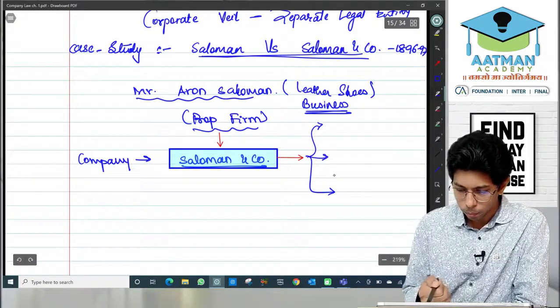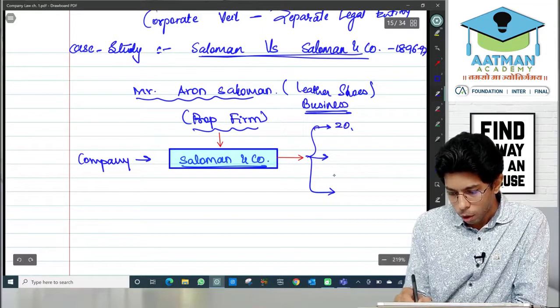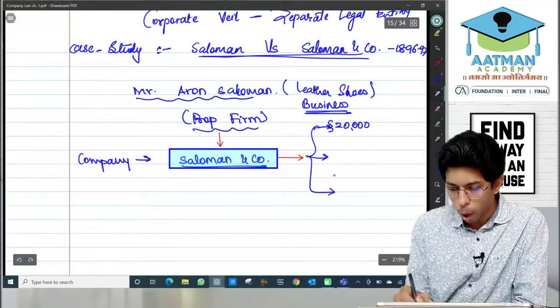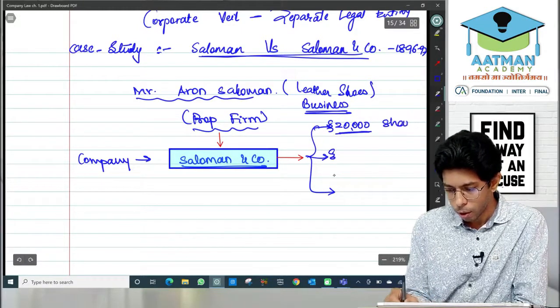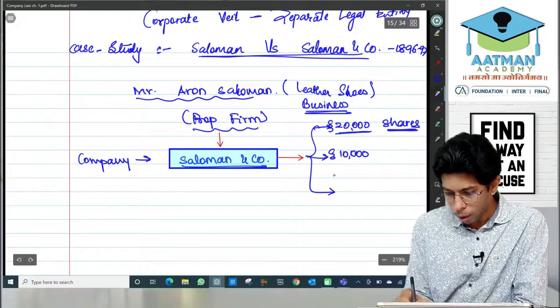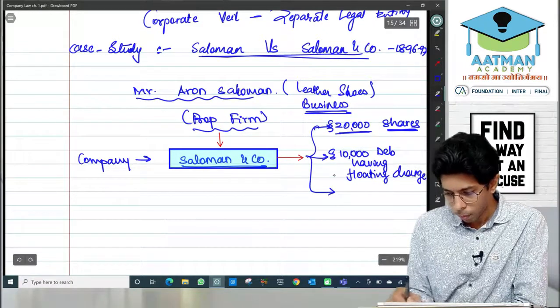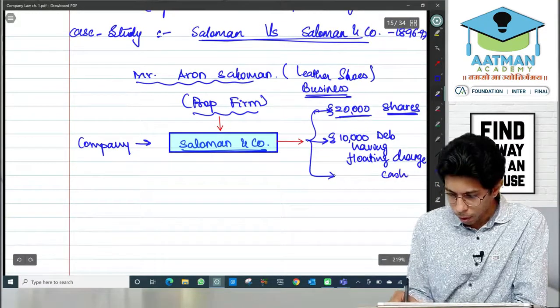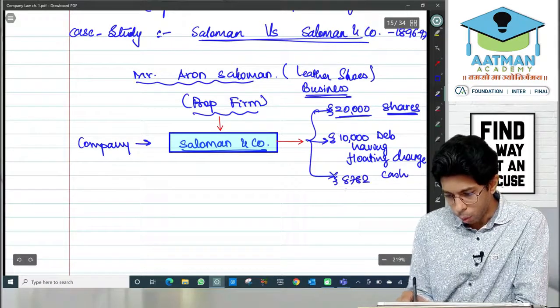One, shares of 20,000 pound. Then 10,000 pound debentures having a floating charge, and cash paid around 8782 pound.